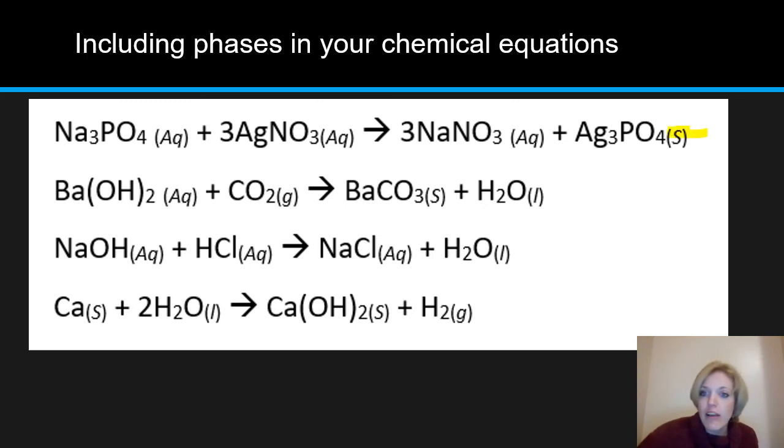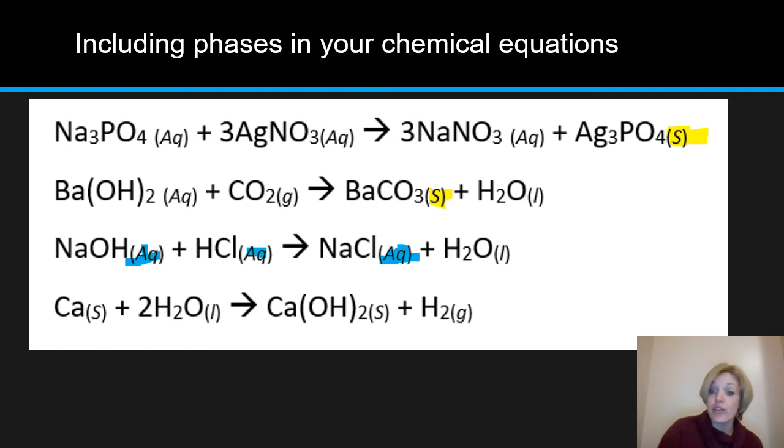Maybe make sure that yellow is all the solids, and maybe aqueous is going to be light blue. Provide a little key for yourself.